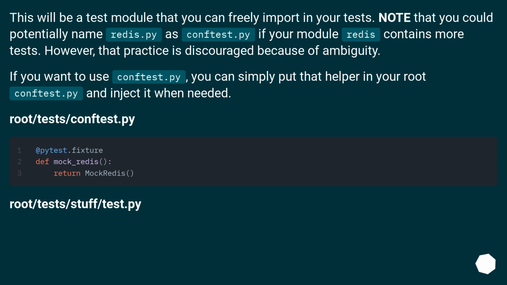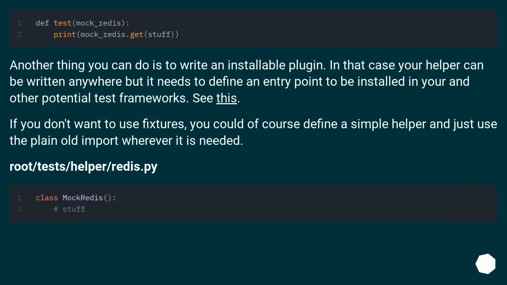root/test/conftest.py. root/test/stuff/test.py. Another thing you can do is to write an installable plugin. In that case your helper can be written anywhere, but it needs to define an entry point to be installed in your and other potential test frameworks.